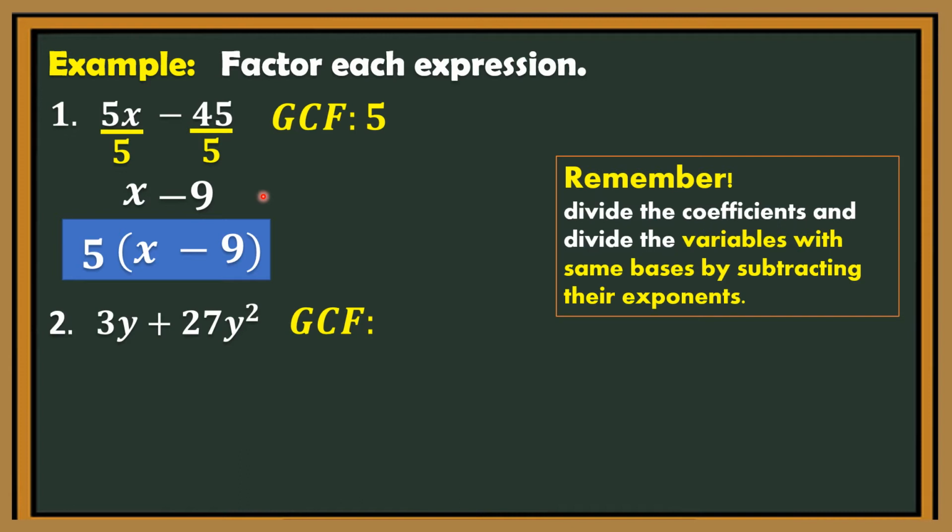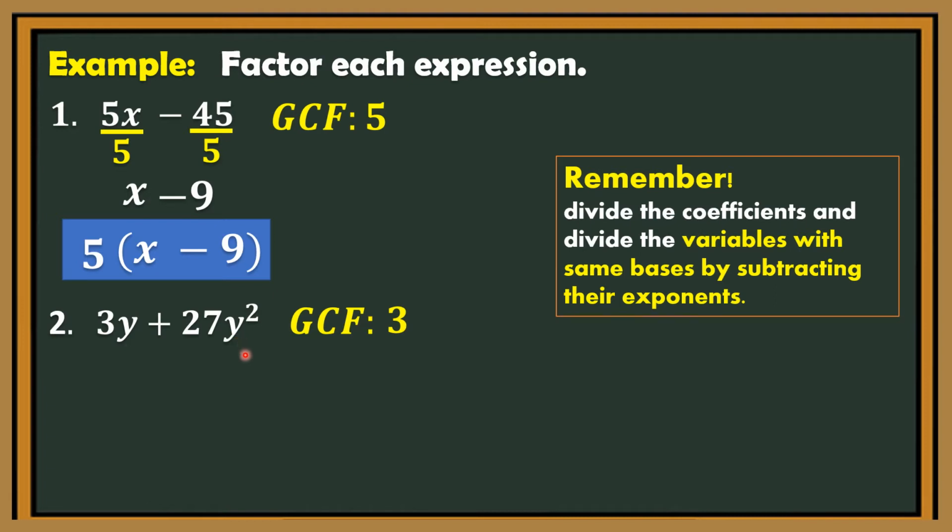So what is the greatest common factor of 3 and 27? Highest number that can be divided to 3 and positive 27. What do you think is the greatest common factor? 3. And then look at y. Y is common in each term.